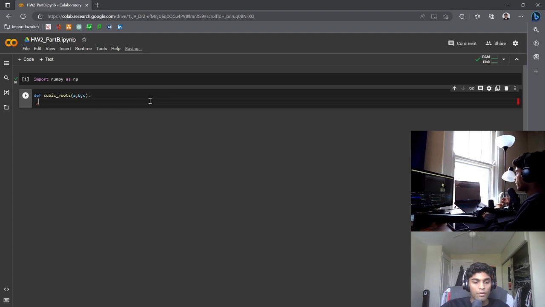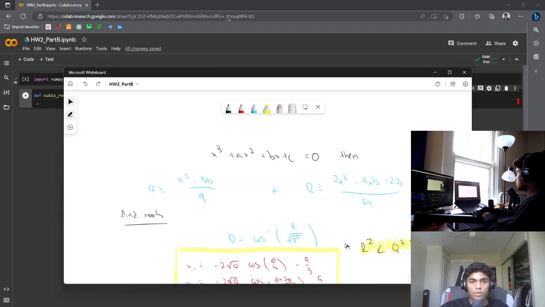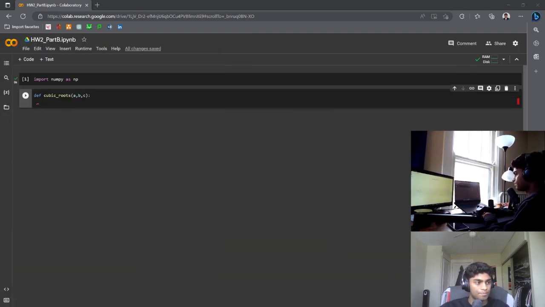And we're going to have our Q. Q is equal to A squared minus 3B, all over 9.